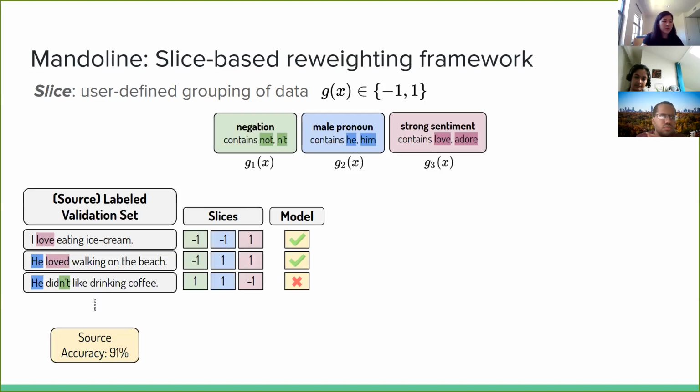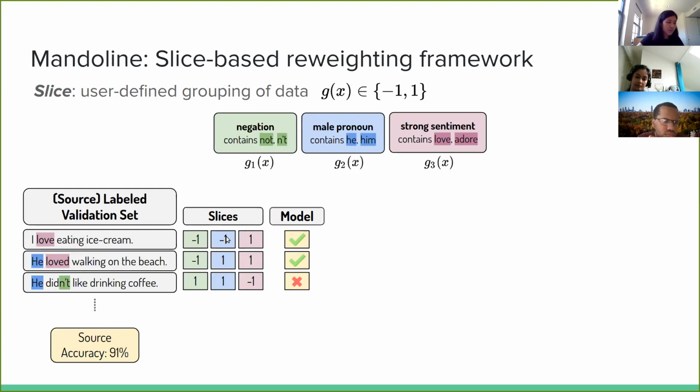Then we can apply these slice functions to the source data set, and each sentence yields a binary vector representation based on the presence of the keywords. Like here, I loved eating ice cream: the strong sentiment slice is one, and everything else is not activated.